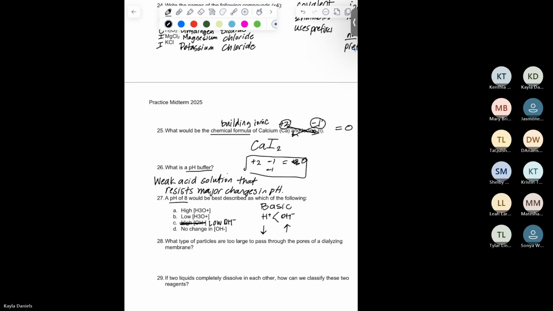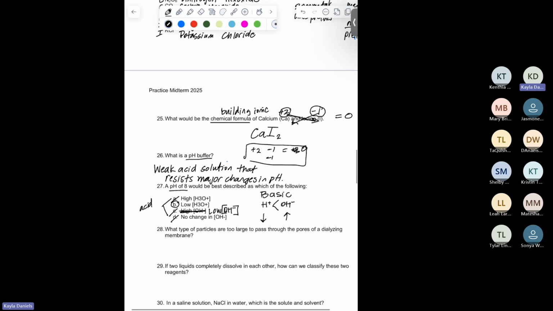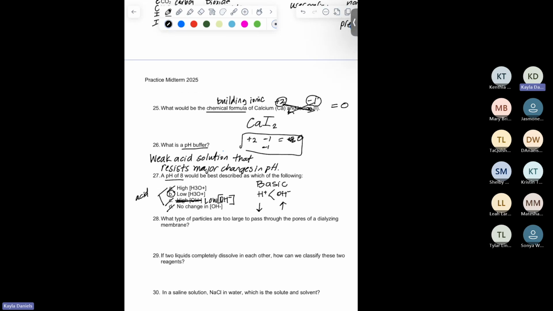All right, not going to be D, not going to be A. It's B and C. A and D are like saying the same thing, but they're opposite, right? But they would be describing an acid. These both would be describing an acid. All right. Yeah, that went over well. I'm glad. Usually I get myself all confused.